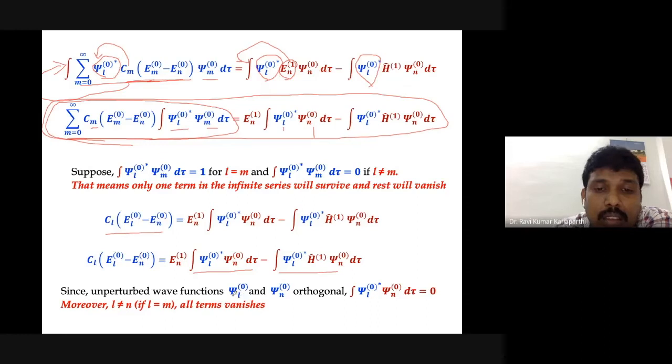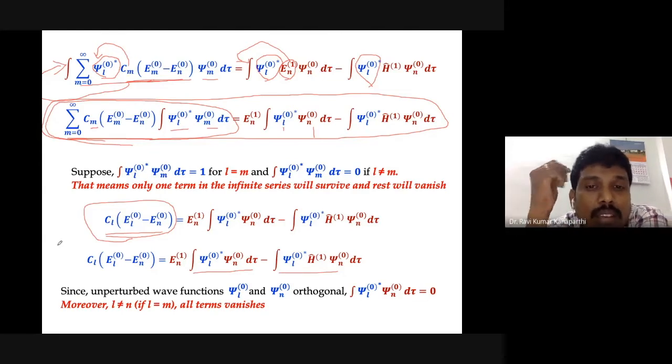On the left hand side we have this coefficient CL multiplied by EL0 minus EN0. Suppose if L is equal to N, you can see here that all the terms in the power series actually vanish, including the one already.